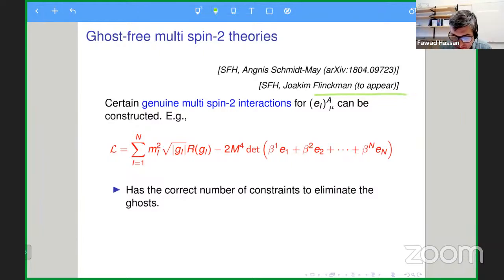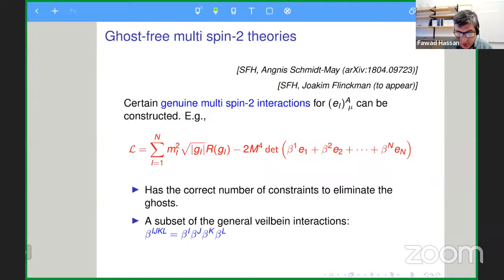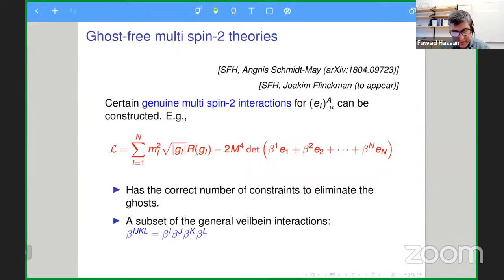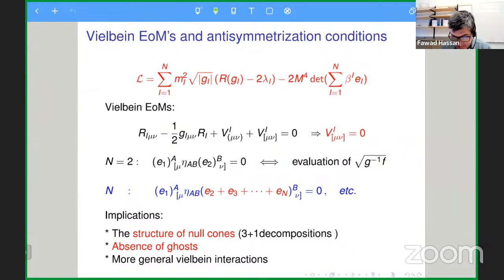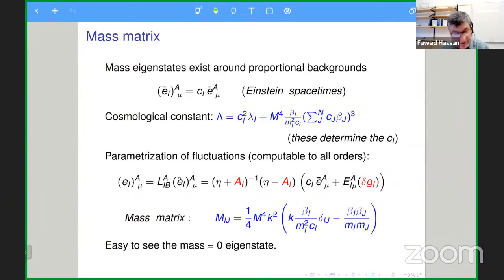Okay. And the details of this will hopefully appear in March, in a paper with Joachim Flinkman. For this theory, we have again looked at the proof of the absence of ghosts at a more detailed level, and also at some of the solutions, and also the mass spectrum.